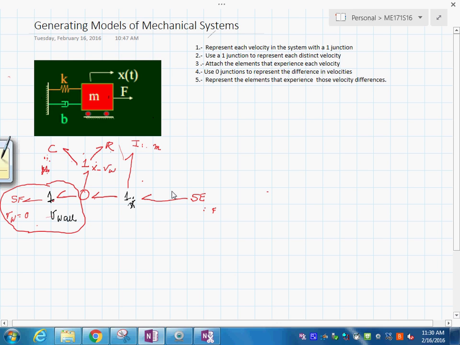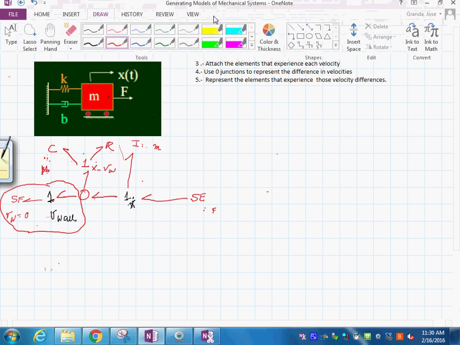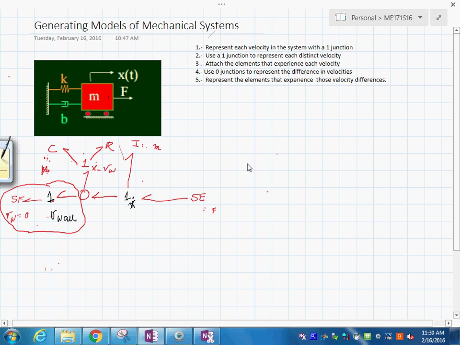So what you are left with is 0, and this is a 1. And you have the I element over here, the AC source, and the rest on the left is gone, and this is a 1, with the C and the R element. This is all we have.